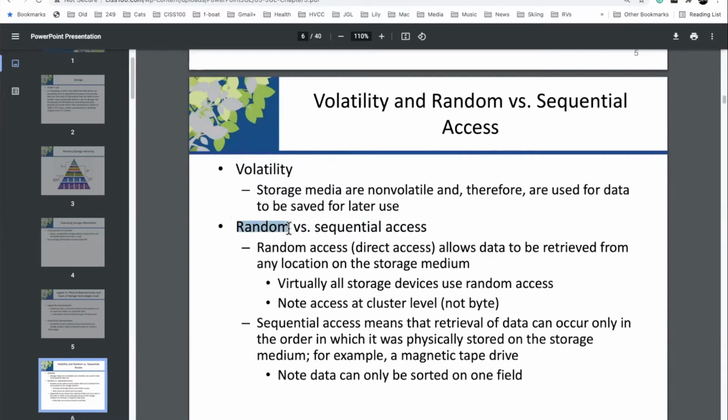I can go to any byte or word within memory directly. Random access is also known as direct access. In some textbooks, you'll see it as direct access. Our hard drives, our USB drives, are direct access, but not at the byte or word level. We're going to see that they are addressed on the cluster or the block size, which is much larger.